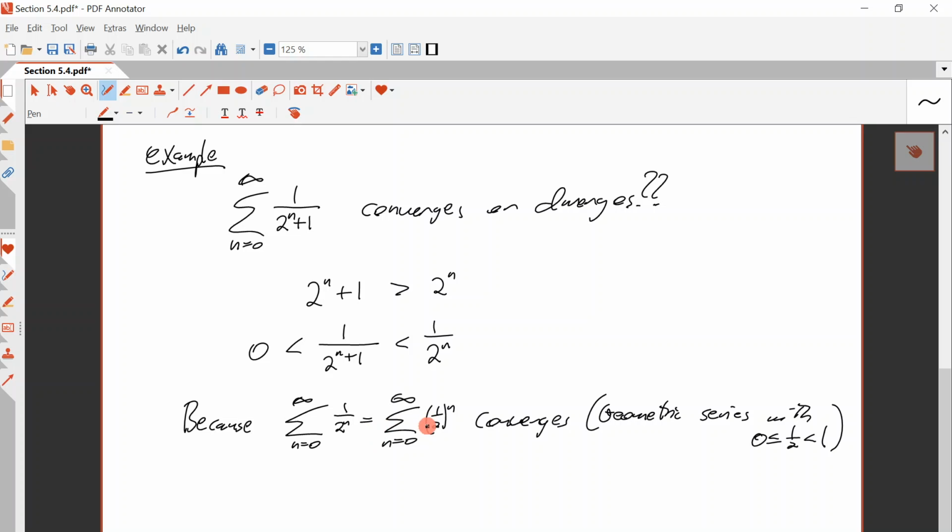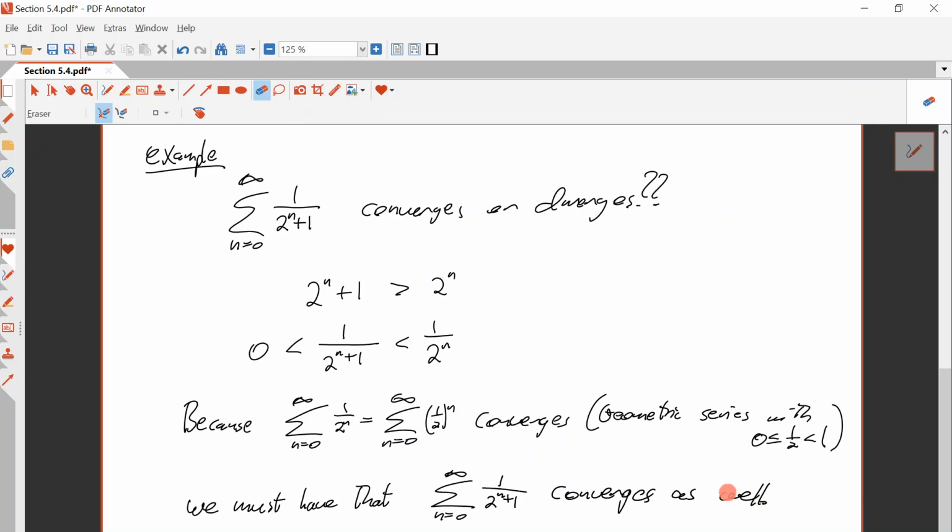So because this series converges and this one is smaller than that, we must have that the sum n equals 0 to infinity of 1 over 2 to the n plus 1 converges as well. Okay.